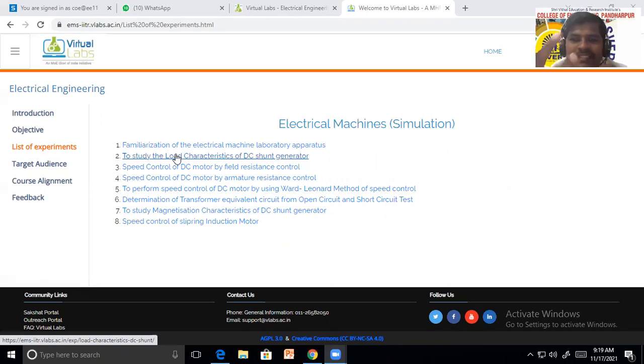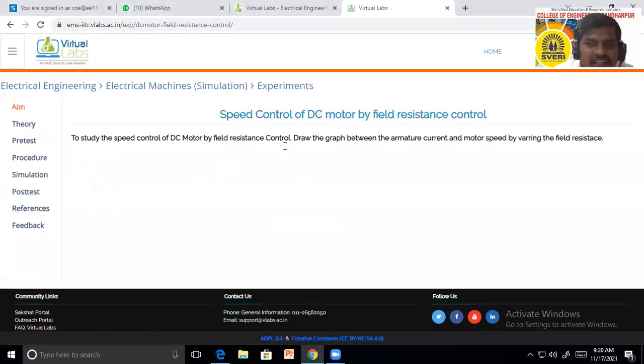And the last speed control technique of DC shunt motor is the Ward-Leonard system. This is one of the speed control techniques, which we will discuss in theory in the next lecture. Today we will discuss the practical, that is speed control of DC motor by field resistance control.